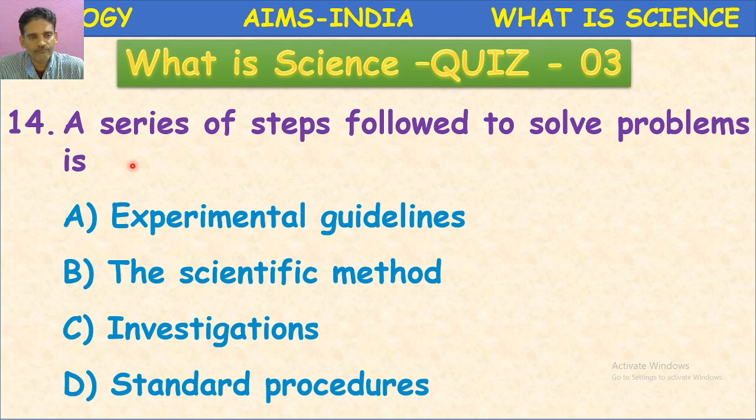So it's the last question. A series of steps followed to solve the problems is very simple, which we have studied. The scientific method. Very good. Most of you answered B only. Scientific method. Okay, children.